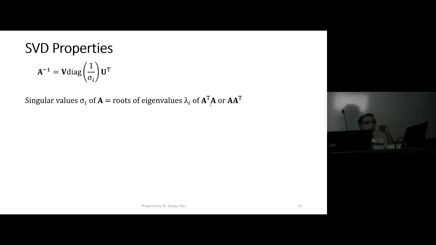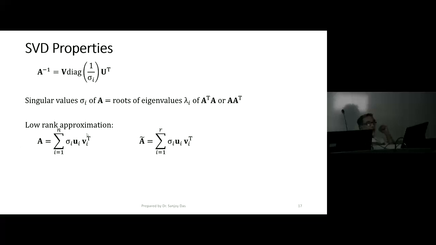For a tall matrix, A transpose A would give you the non-zero eigenvalues. But A A transpose for a tall matrix would have low rank. It won't be a full rank matrix. So it will only have N as in New York non-zero eigenvalues. The other eigenvalues would be all zeros. So you can take the non-zero eigenvalues, and that would give you all the sigmas.